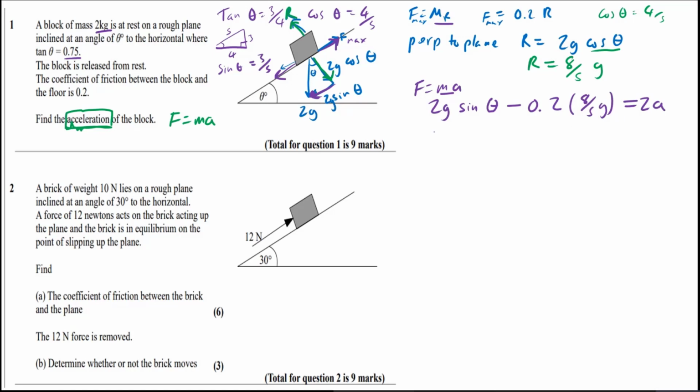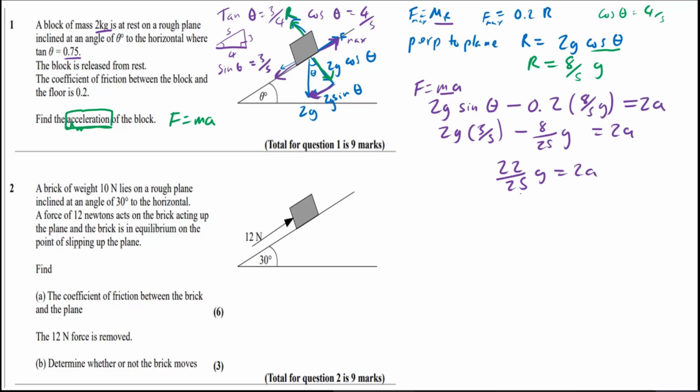Now we know sine theta is 3/5, so we can shove that in. 2g times 3/5 minus, that becomes 8/25 g, because that's a fifth, equals 2a. If we simplify that, that's going to be 22/25 g equals 2a.